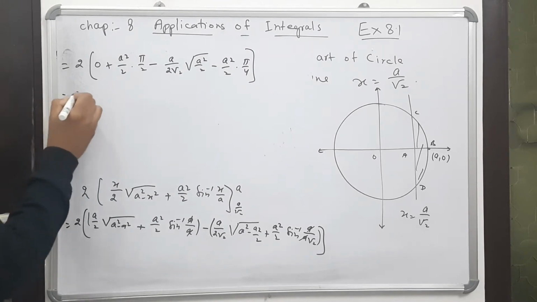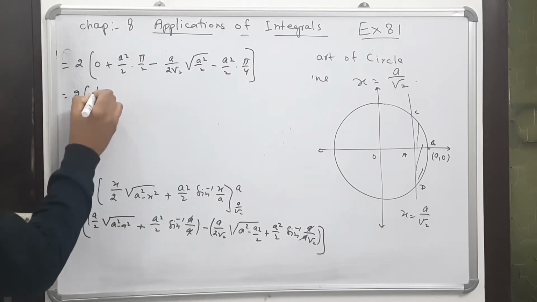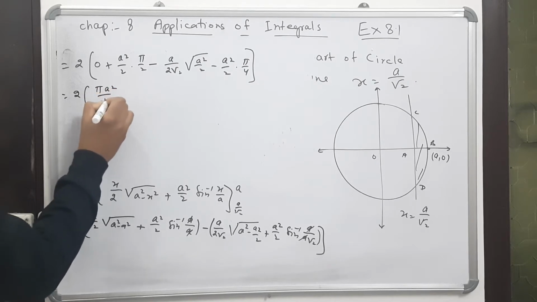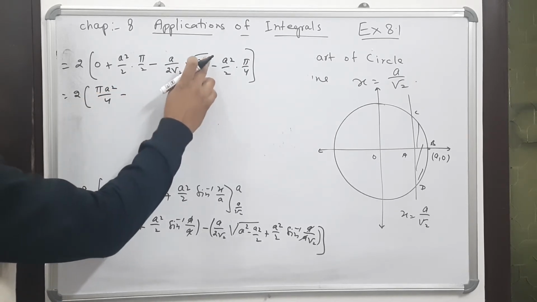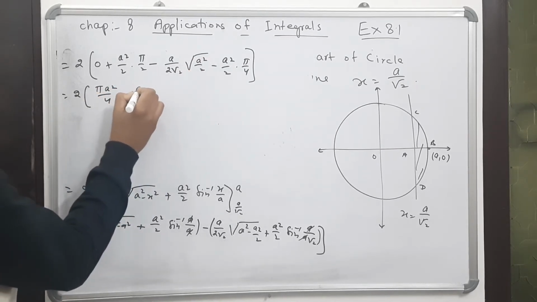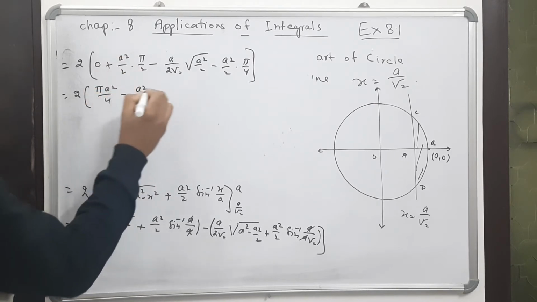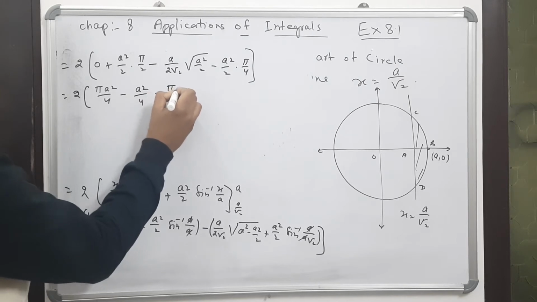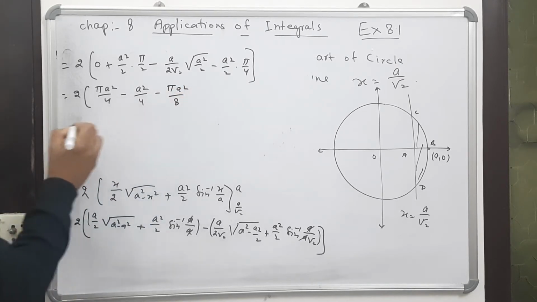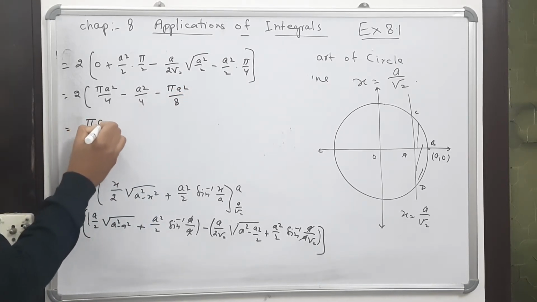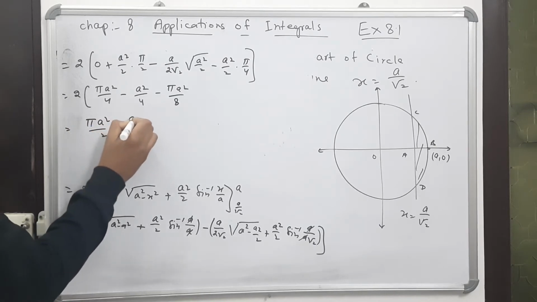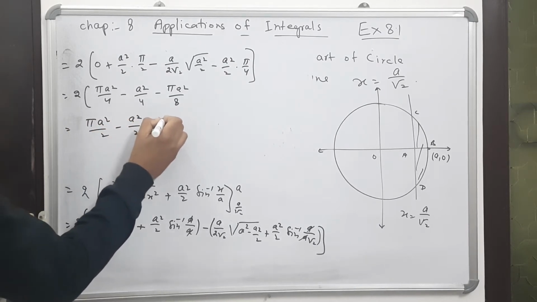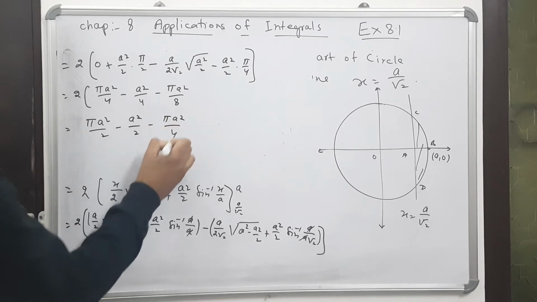You see the next part now. It is 2 times pi a squared by 4 minus a squared by 4 minus pi a squared by 8. If you multiply with 2, it is pi a squared by 2 minus a squared by 2, and pi a squared by 4.